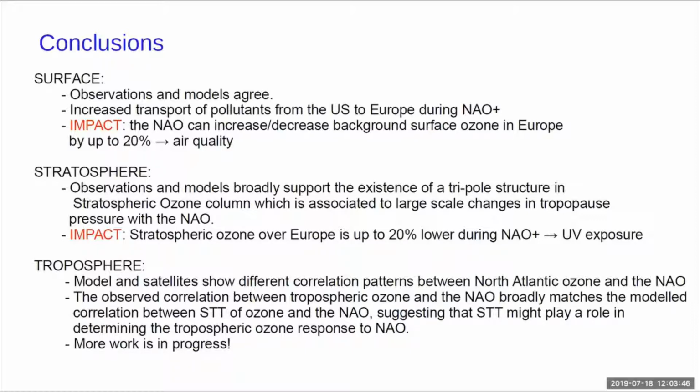Okay, number of questions. Scott? I was just wondering, you found this connection with increased ozone and NAO. I'm thinking during wintertime, during say blocking events, the circulation would be weakened over certain parts.